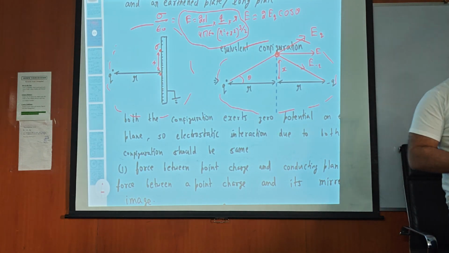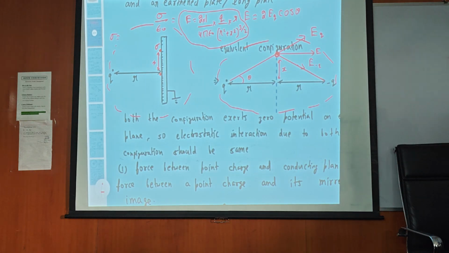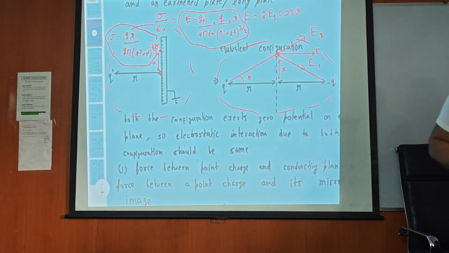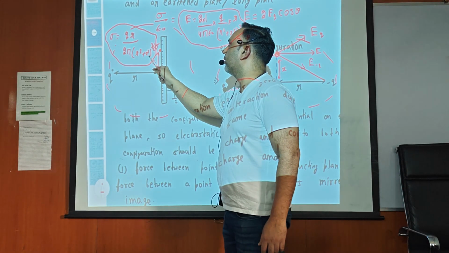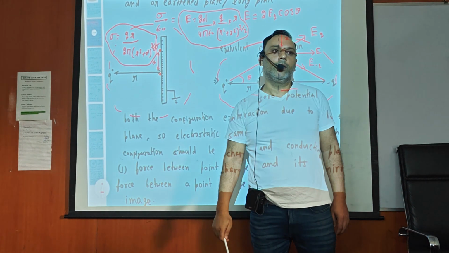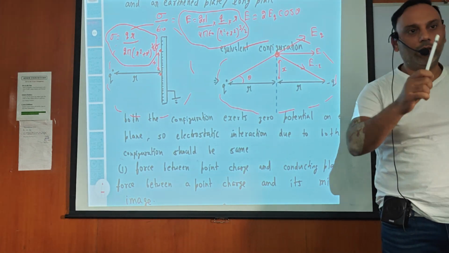So this charge density sigma is equal to q r by 2 pi (r square plus x square) to the power 3 by 2. That is our answer. That is how we can find the charge density. Understood or not?